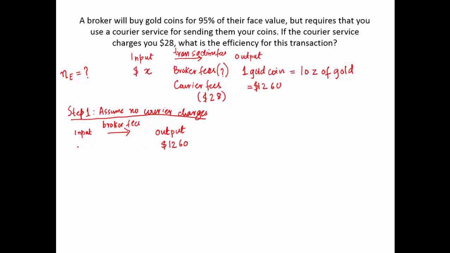Our input in this example, let's call it Y. Our broker fees are actually unknown, but what do we know? We know the efficiency of this process. We'll call it NB to represent efficiency of the broker transaction, which is 95%, given in the problem statement.